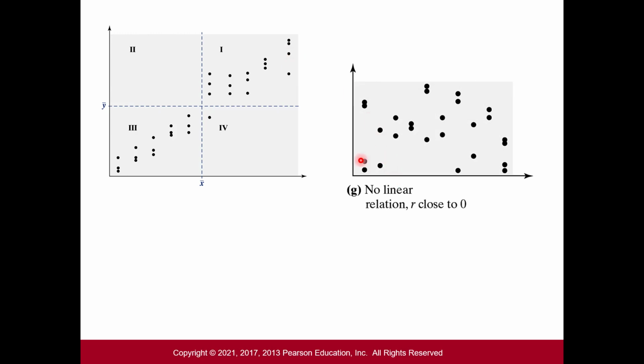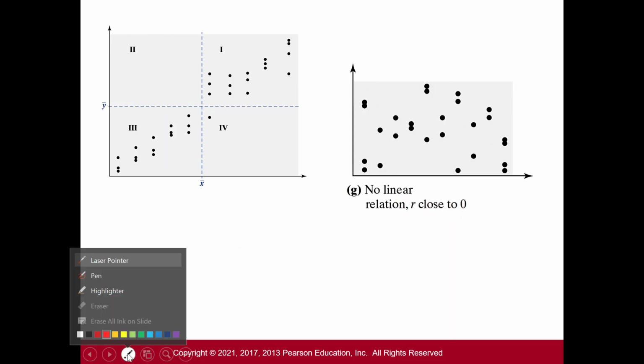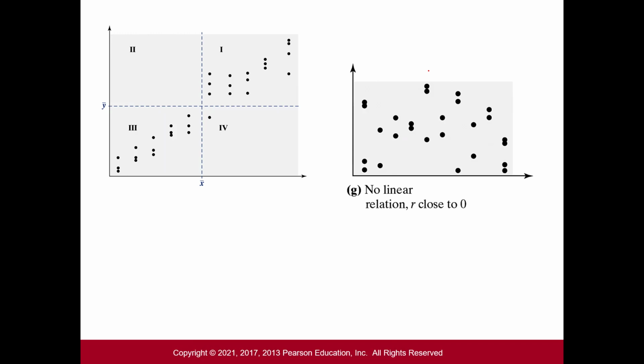So if we think back to G on our example here, this one had an r value close to 0. And if you separate the region into 4 quadrants, let's say our x bar was here. Sorry, it's not a very straight line, but let's say that's x bar. And then let's say that y bar's here. Pretend it's straight. And so this is quadrant 1, 2, 3, and 4.